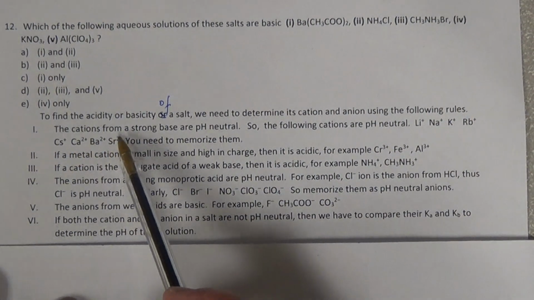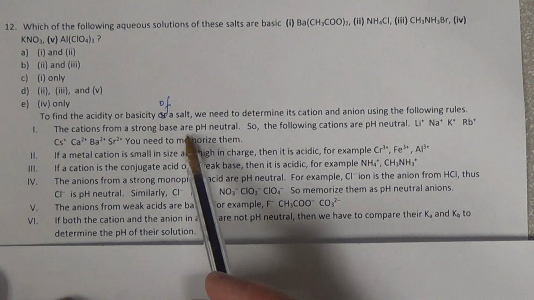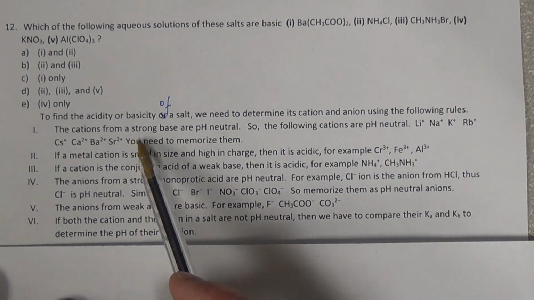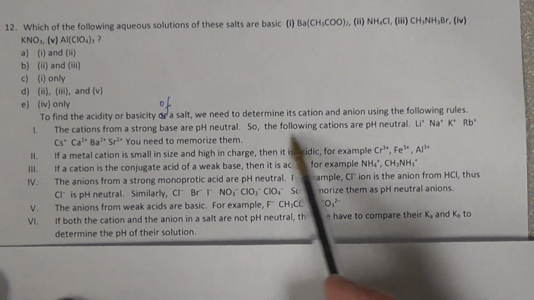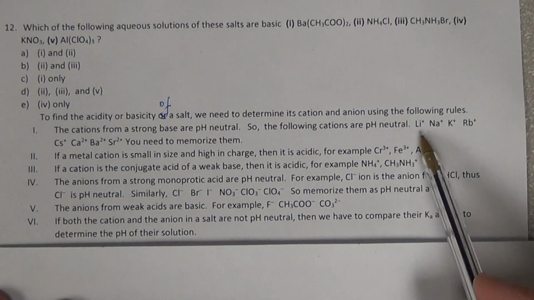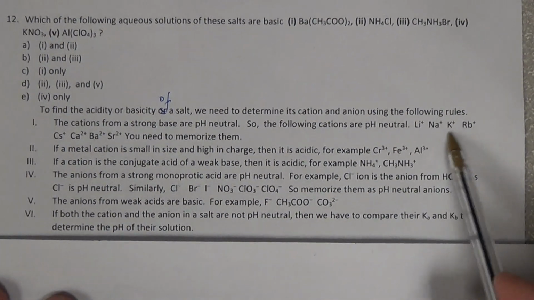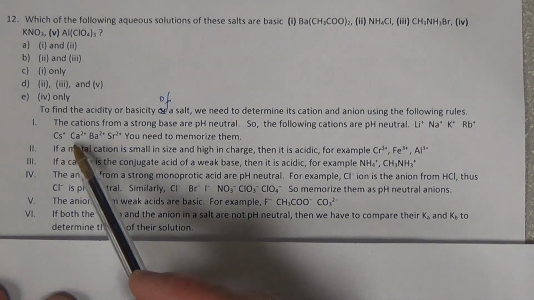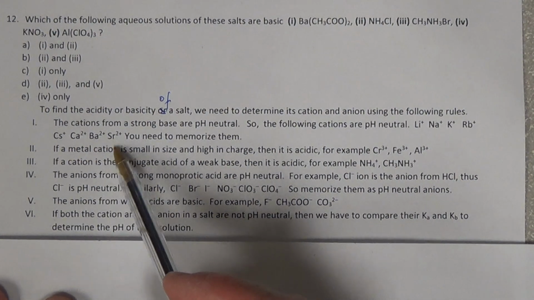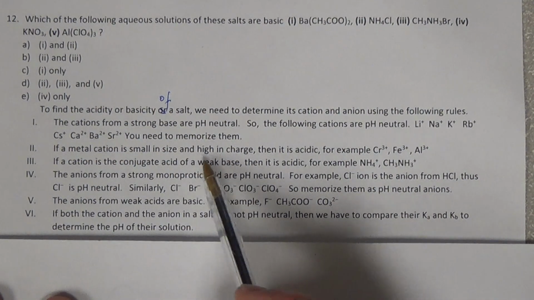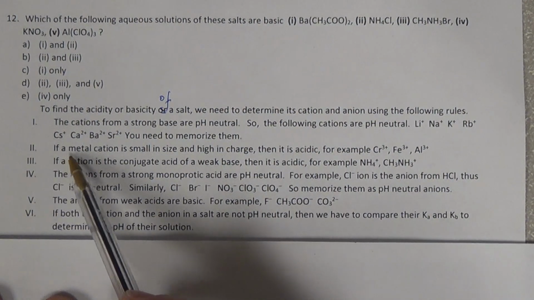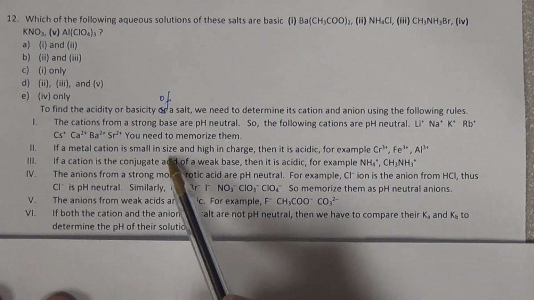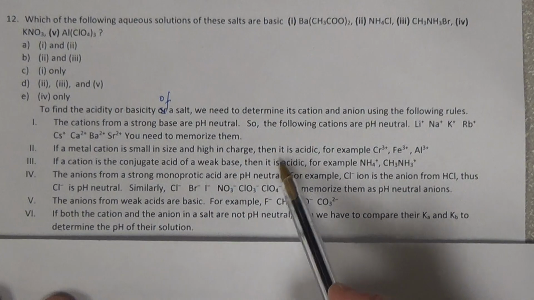If cations are from a strong base, they are pH neutral. The following cations are pH neutral: Li+, Na+, K+, Rb+, Cs+, Ca2+, Ba2+, Sr2+. You need to memorize them. The second rule is if a metal cation is small in size and high in charge, then it is acidic.